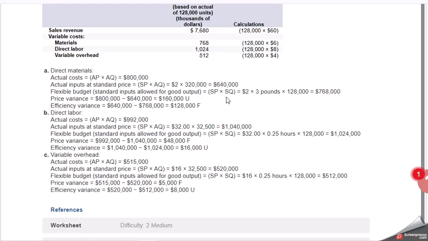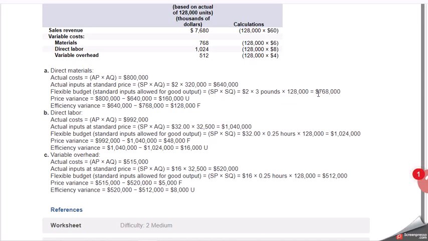Then we focus on the quantity side. Our standard price times our standard quantity should have been 768,000. They're not quite breaking it out, they're just looking at the difference: the 640,000, our actual inputs at the standard price, compared to our standard inputs at the standard price.